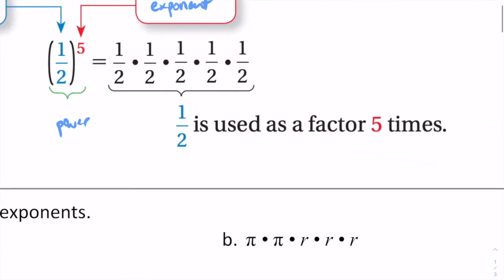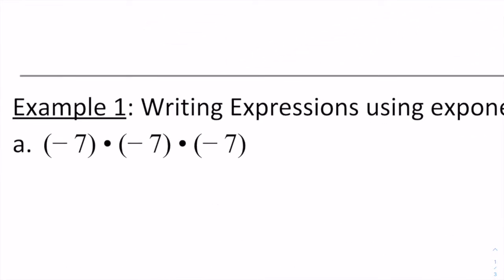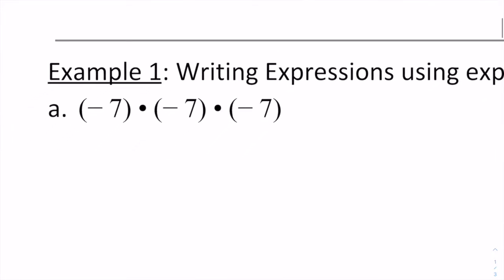If I were to write this expression using exponents, it would just be, how many negative 7s do you see? I see 3. So it would be negative 7 to the third power in parentheses, right?